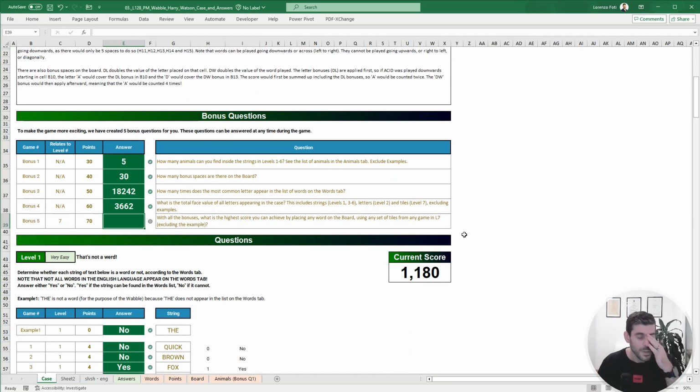Okay. With all the bonuses, what is the highest score you can achieve by placing any word on the board using any set of tiles from any game in level 7? Ah, okay.